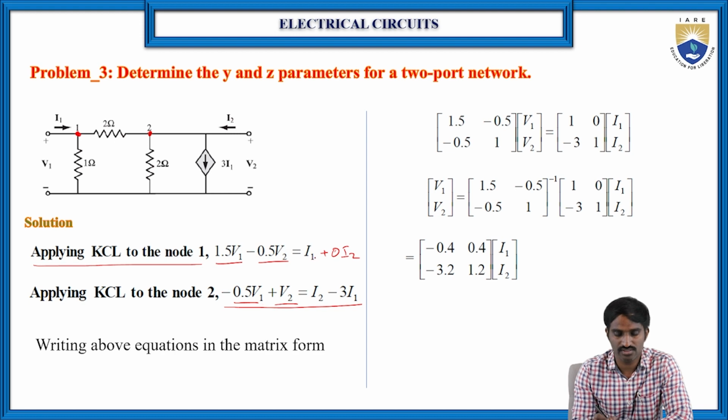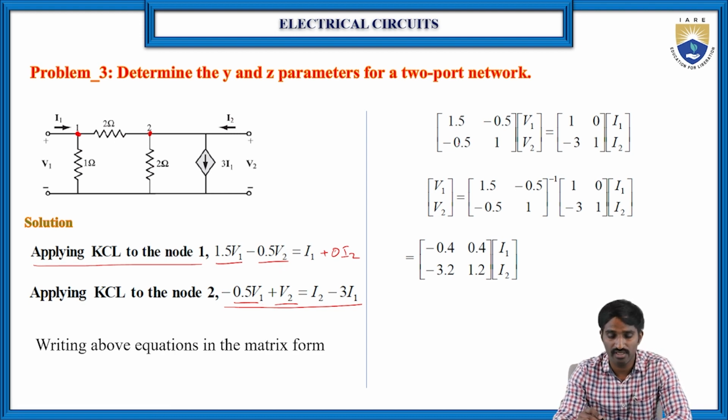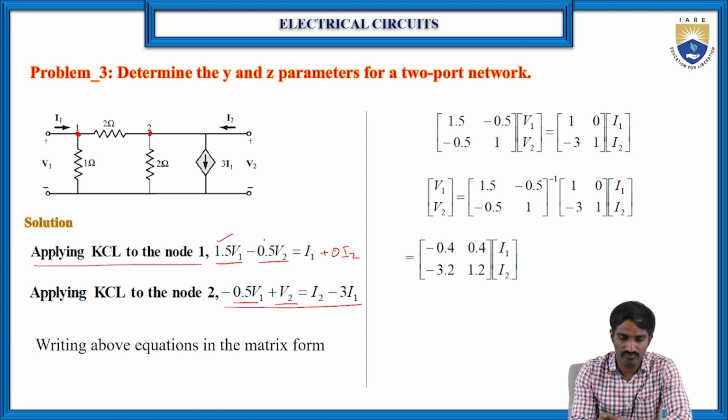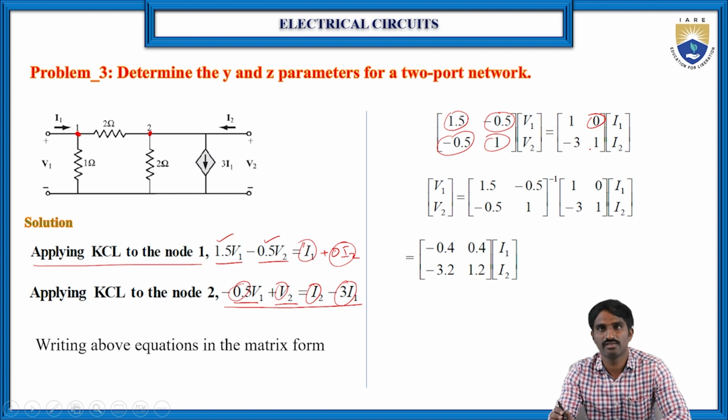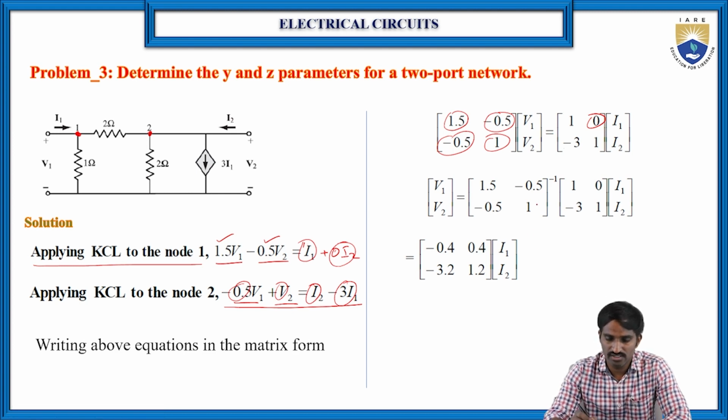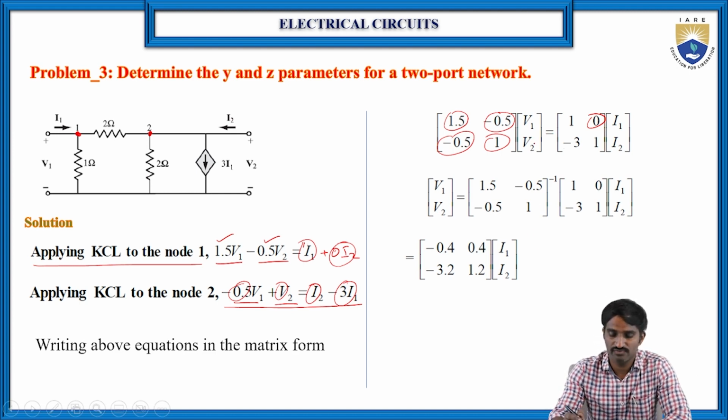Then in matrix form you will have the coefficients of V1 and V2: 1.5 and minus 0.5, then minus 0.5 and 1, into V1, V2. Coming to I1, it is 1, and there is no I2, so it is 0. Then I1 is minus 3 and the I2 coefficient is 1, so minus 3 and 1, right?